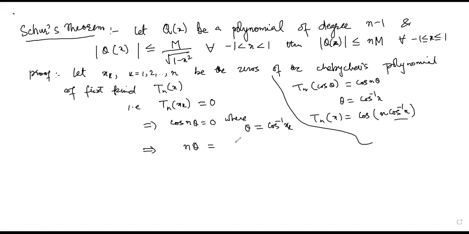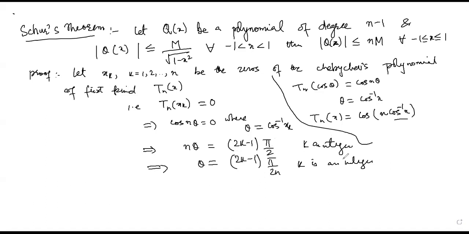So n theta would be an odd multiple of pi by 2, of course k an integer, but since we need distinct ones, theta must be equal to (2k minus 1) pi by 2n, where k is an integer. Theta is equal to cos inverse of x_k, right?